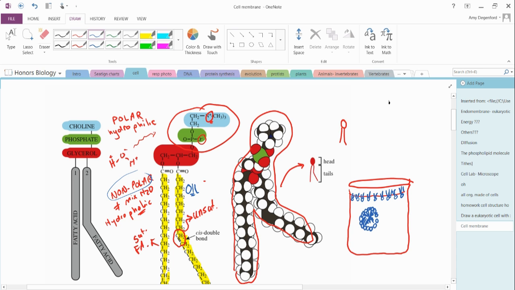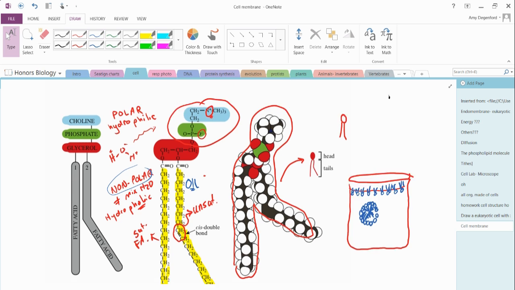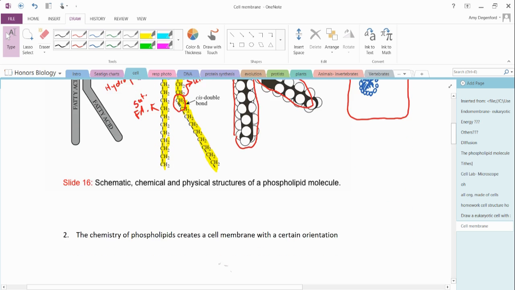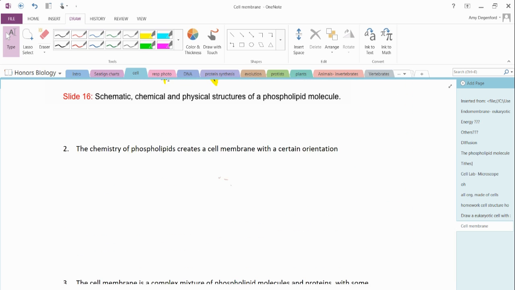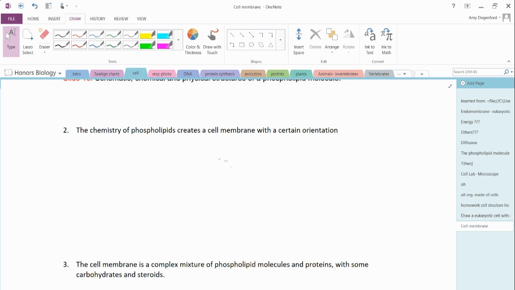And of course, this is a limitation. This is a two-dimensional drawing. This would be a sphere, and you would be correct. Now, what that means is that the cell membrane has a very distinctive orientation, and this is due to the chemistry. So I'm just going to go ahead and draw, and I would like you to do this as well.